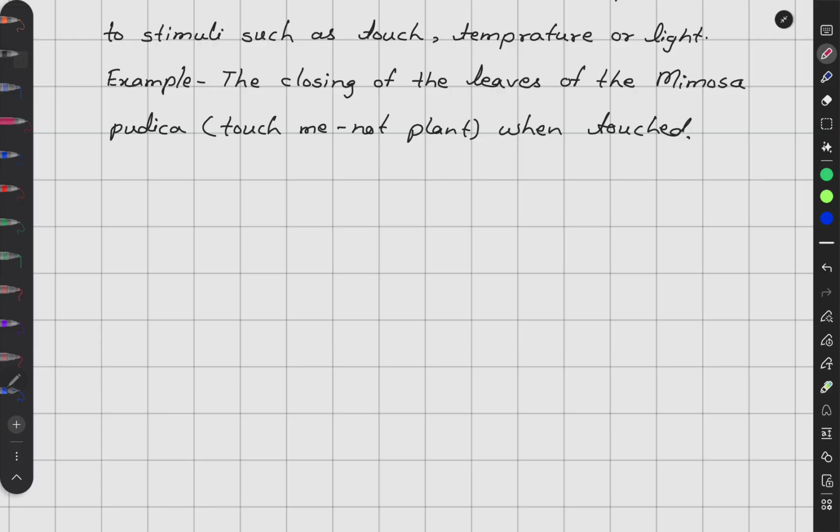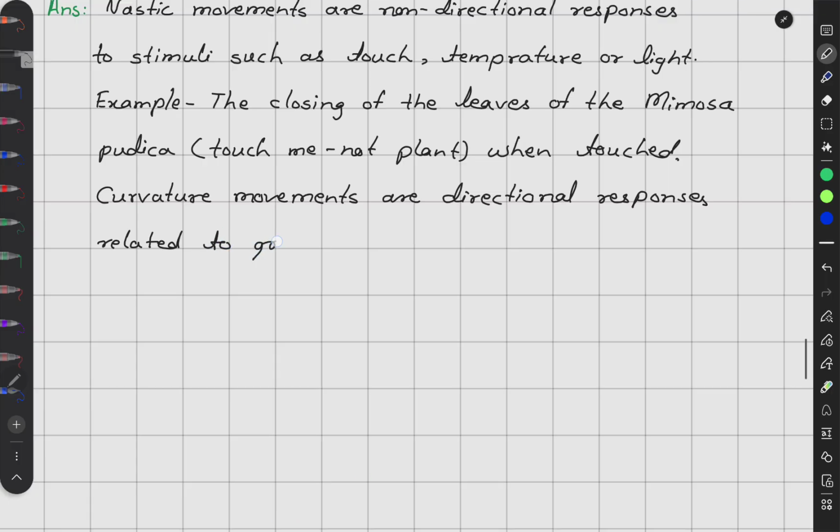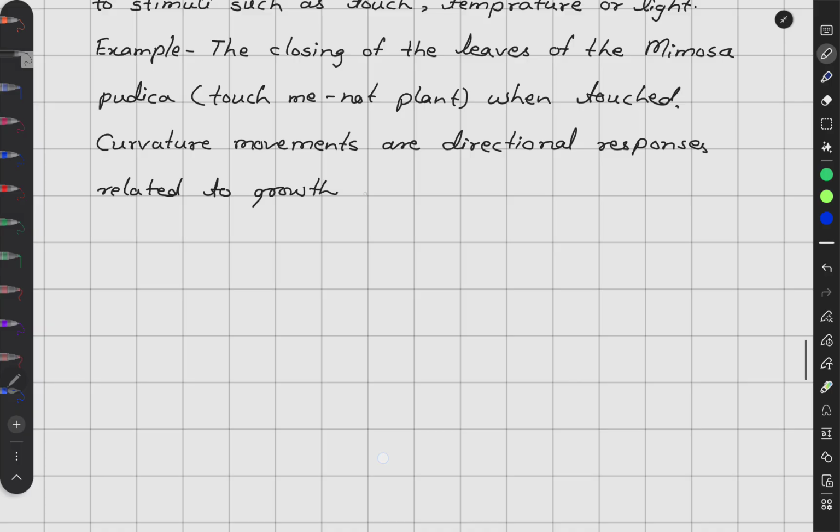And then the curvature movement. Curvature movements are directional responses which are related to growth and environmental stimuli, such as phototropism, we can say.